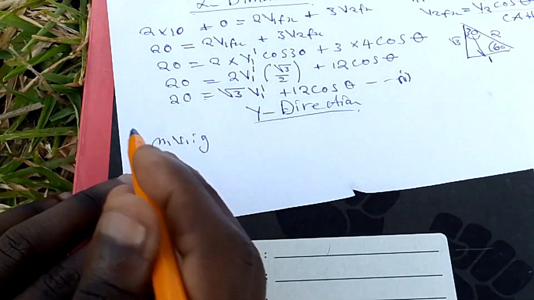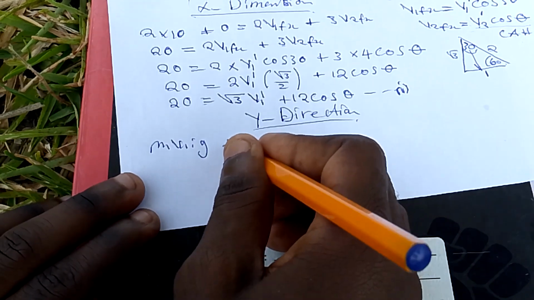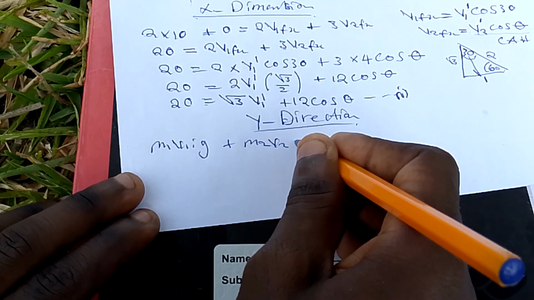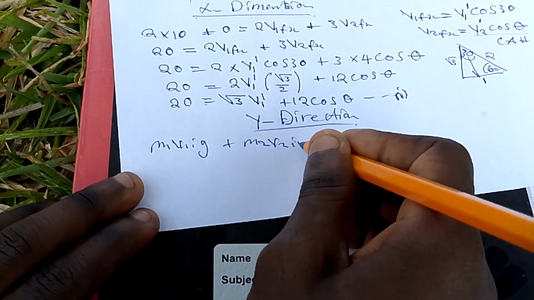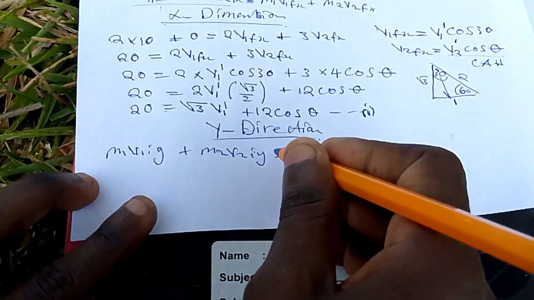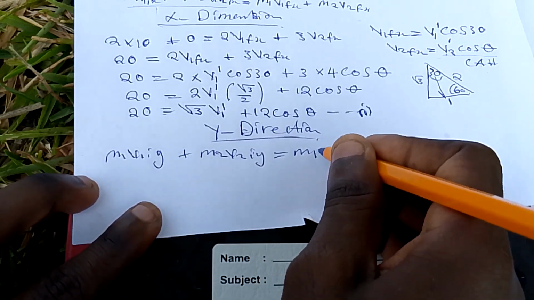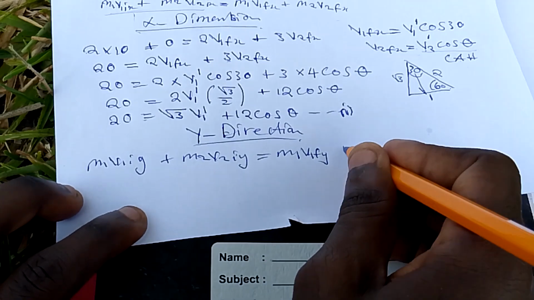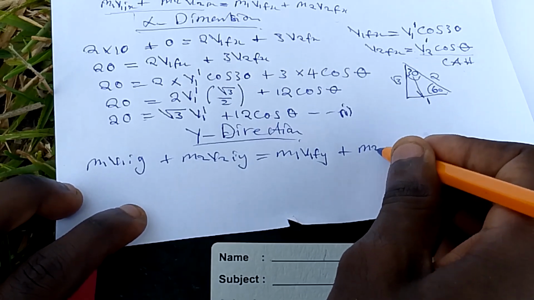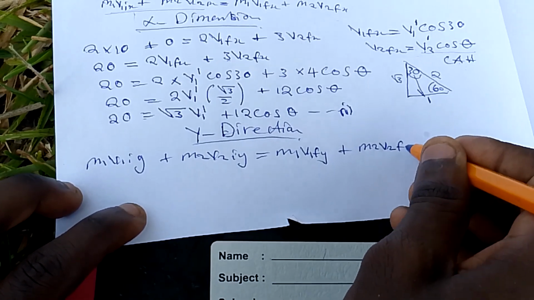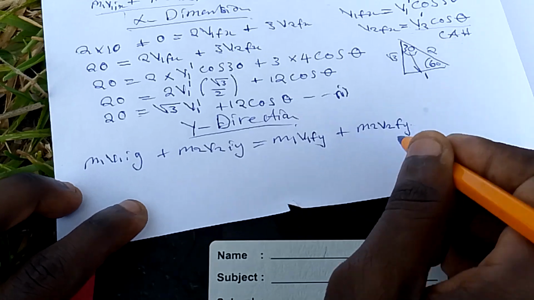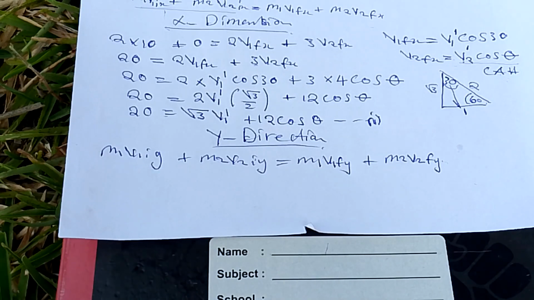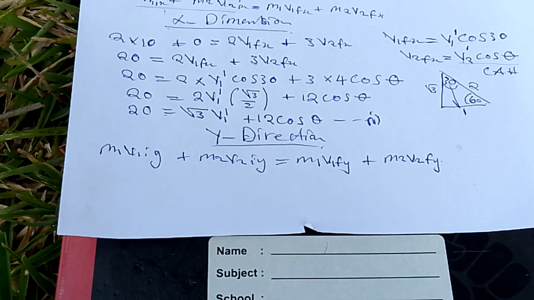Here we were saying initial x, but now we are in the y axis. So m2 v2 initial y equals m1 v1 final y, you get, plus m2 v2 final y. So this is the law of conservation of linear momentum in the y direction.